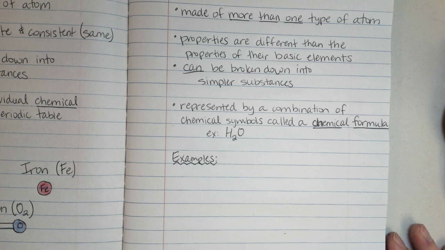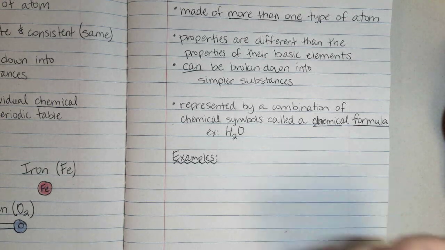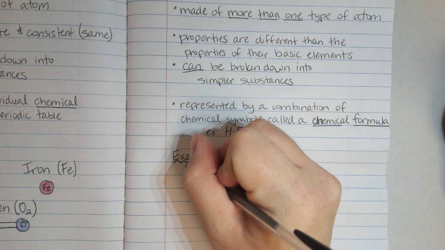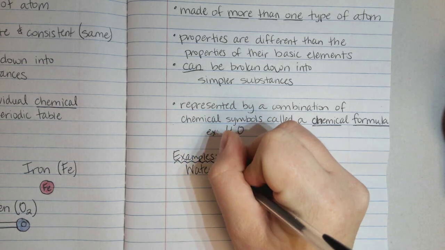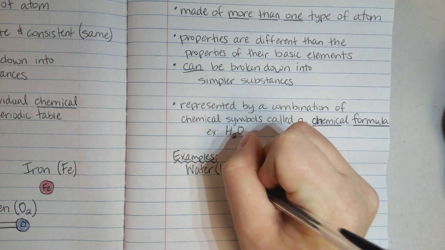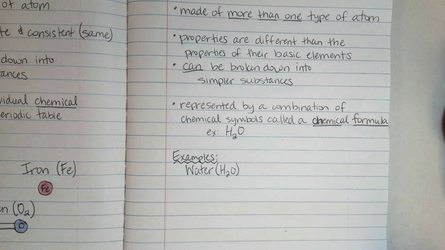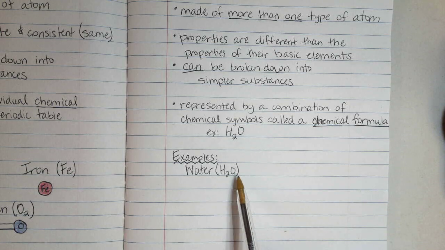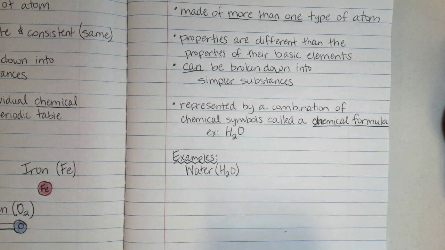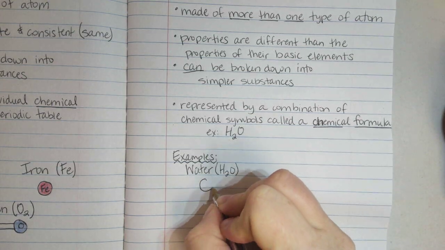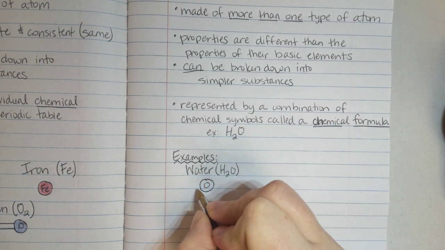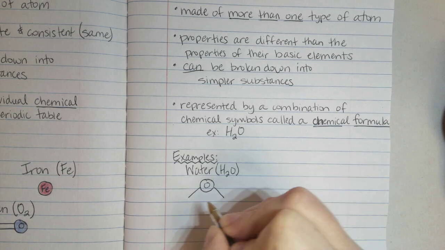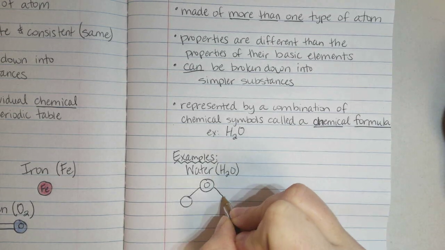The first one that we'll draw is water, which is represented, like we said before, by H2O. That's the chemical formula for water. So we have two hydrogen atoms combined or bonded with one oxygen atom. I'm going to draw one oxygen atom, combined with two hydrogen atoms.